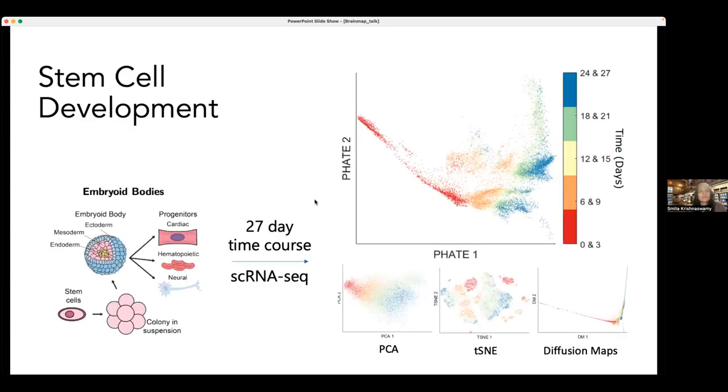particular trajectories. So again, I've been flashing to that stem cell developmental system that I'm returning to. And the idea here is that I already oriented you that these were human embryonic stem cells and they're developing into different lineages. But you cannot see that in most of these other visualizations.